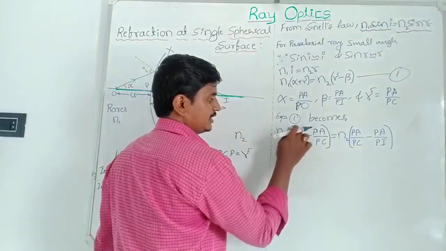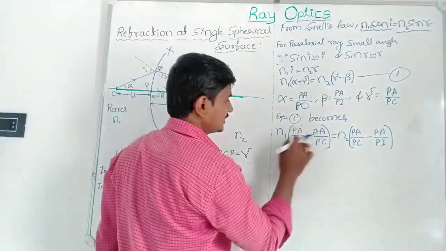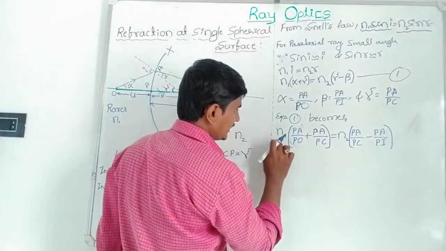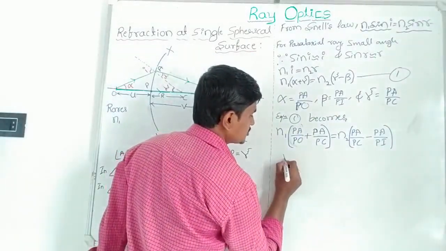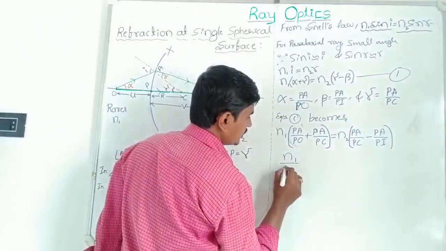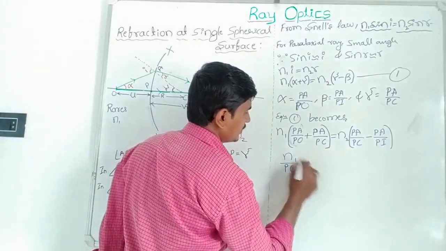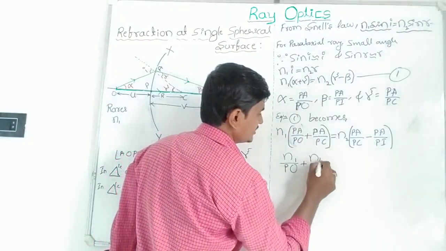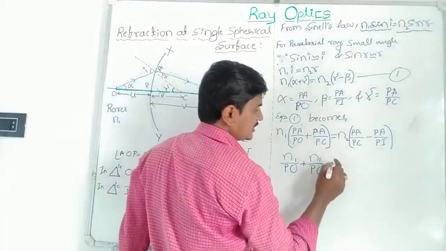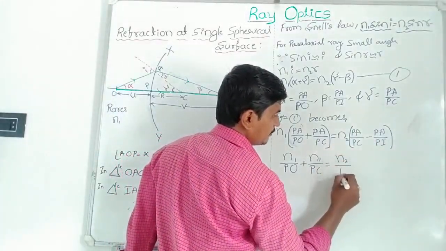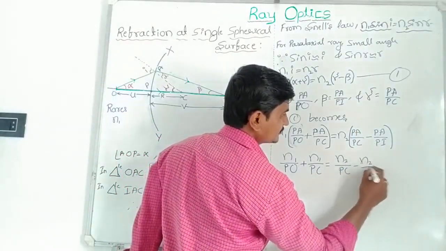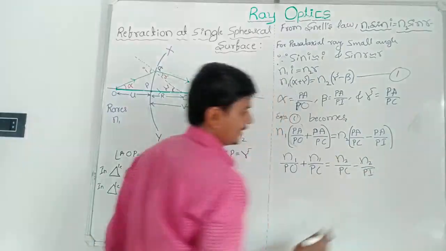Remaining, now n1 is multiplied on both sides. It becomes n1 divided by PO plus n1 divided by PC, equal to n2 divided by PC minus n2 divided by PI.